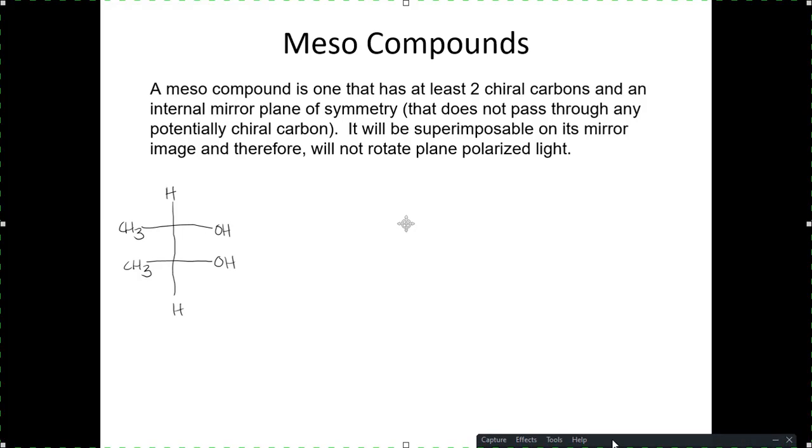Okay, so in the last lecture we talked about the idea of drawing four different stereoisomers for a molecule that has two chiral centers.